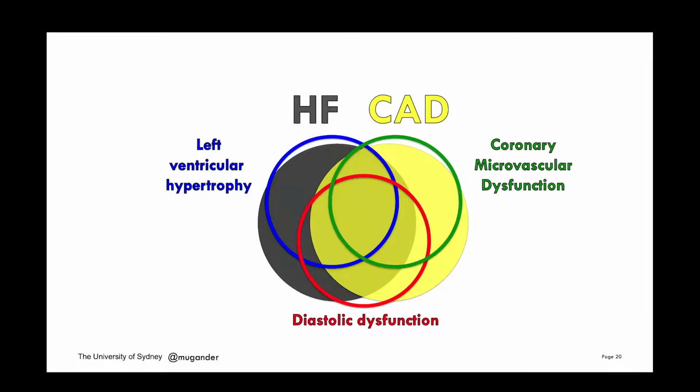So coming back to where we started, we have a large, considerable overlap in underlying pathology between heart failure and coronary artery disease, manifesting as physiological characteristics that overlap in left ventricular hypertrophy, diastolic dysfunction, and coronary microvascular dysfunction.